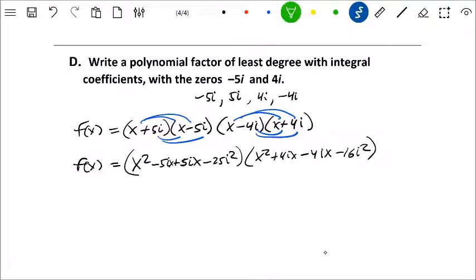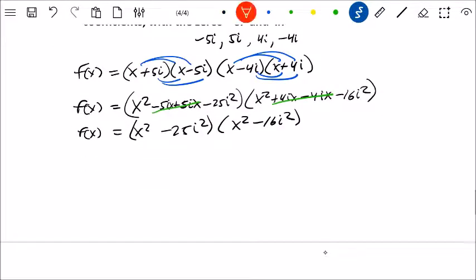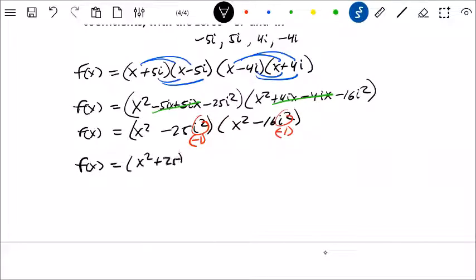So now these two cancel out, these two cancel out. x squared minus 25i squared, x squared minus 16i squared. Now remember that i squared is actually -1. And so that changes these to x squared plus 25 and x squared plus 16.